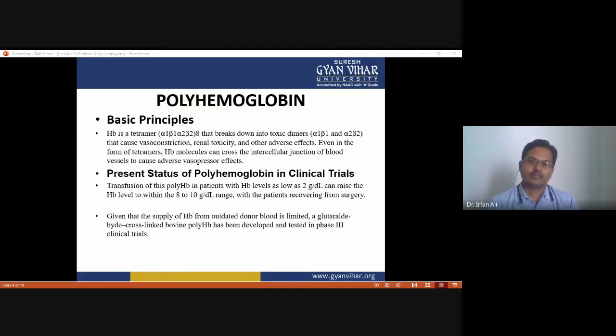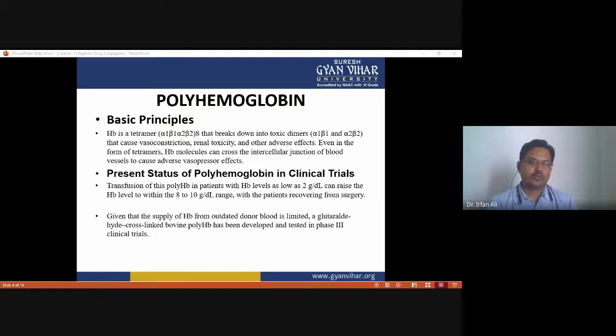This tetramer breaks down into toxic dimers, the alpha 1, beta 1 and alpha 2, beta 2, that cause vasoconstriction, renal toxicity, and other adverse effects when they break down into their products.